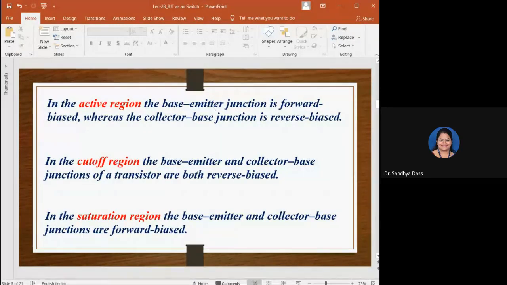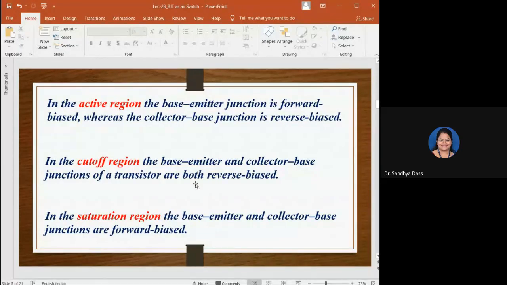The base-emitter junction was forward biased, and the collector-base junction was reverse biased, when we were discussing the BJT working as an amplifier. If the BJT is operating in the active region, also called the linear region, the base-emitter junction should always be forward biased and the collector-base junction should be reverse biased. This should be kept in mind.